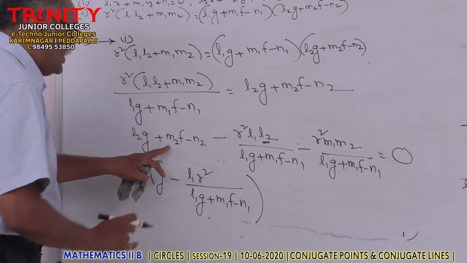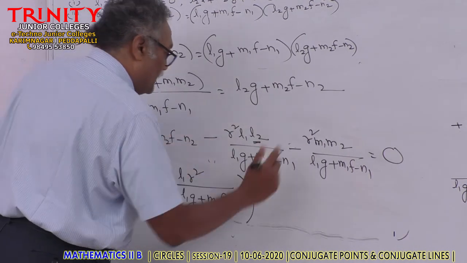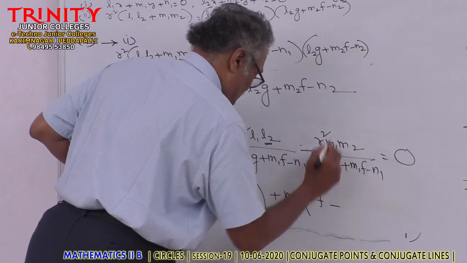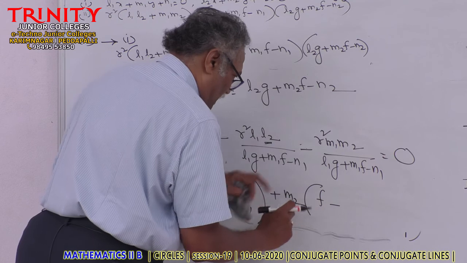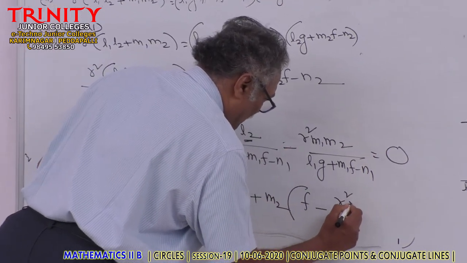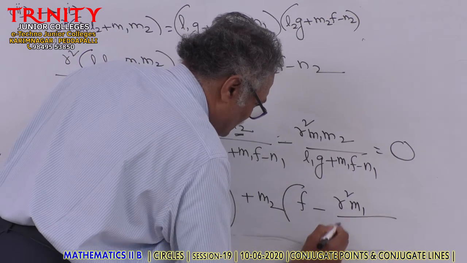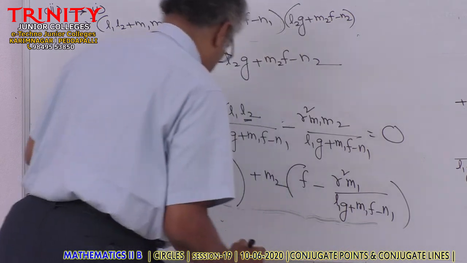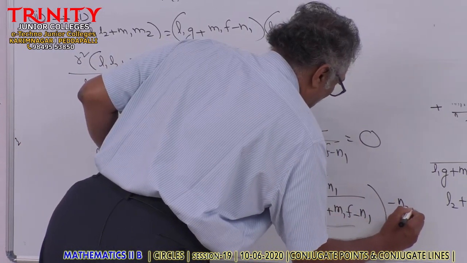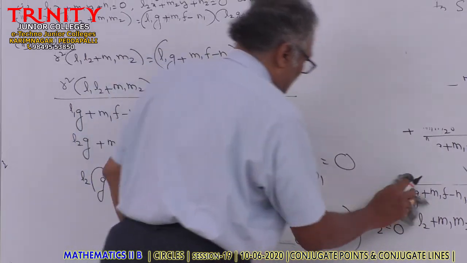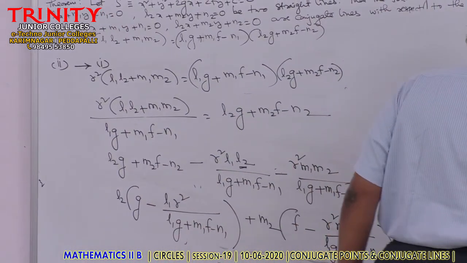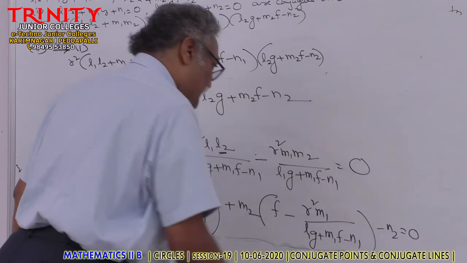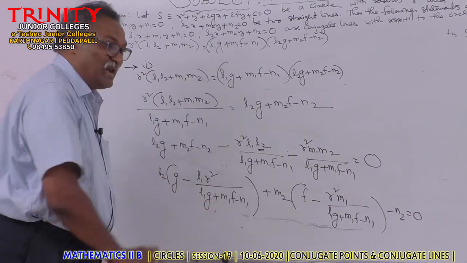In these two terms M2 is common: plus M2 into f minus R square M1 by L1g plus M1f minus N1, minus N2 equals 0. Since minus N2 is there, we divide this equation by minus 1.